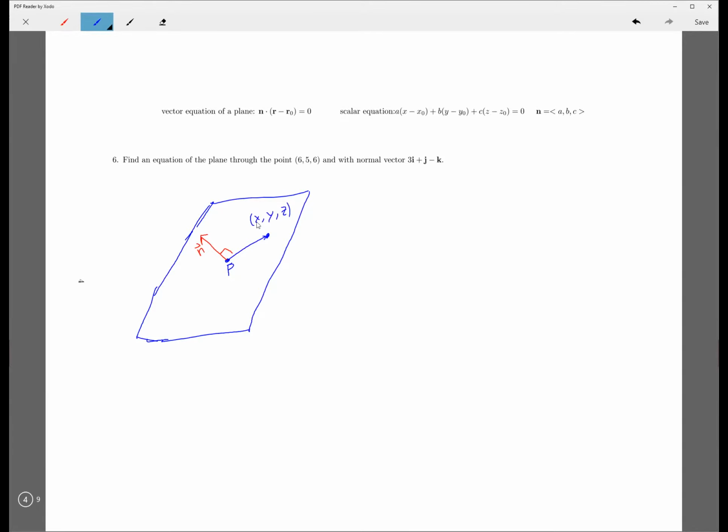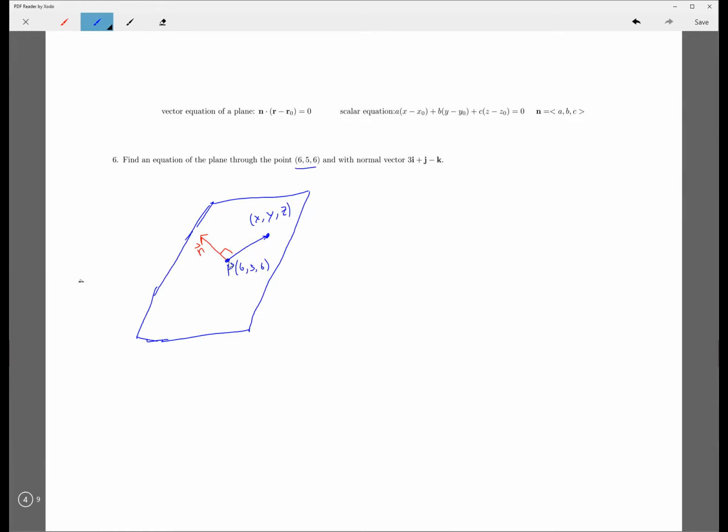But for every single point in the plane, the vector from P, which is 6, 5, 6 here, to that point is perpendicular to the normal vector, right? These are perpendicular.